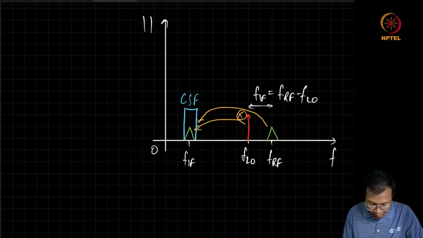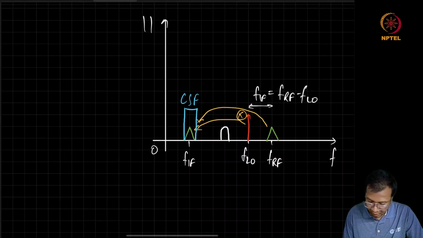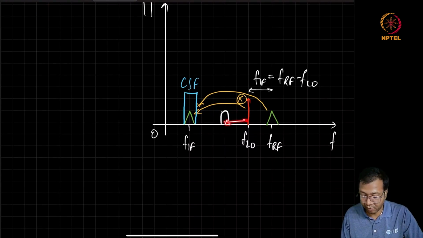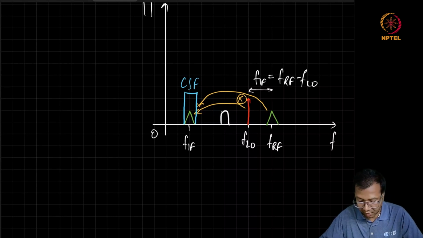Now, important thing to notice here is that there will be possibility of another signal to be present at an FIF spacing lower than FLO, because there can be signal, we can just assume that presented the entire band, let's say.